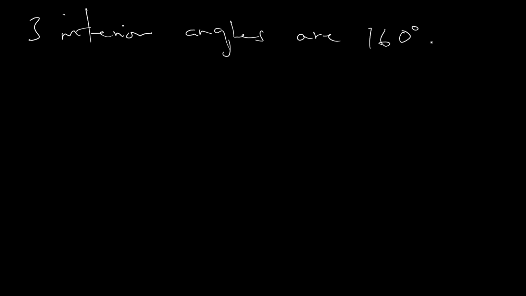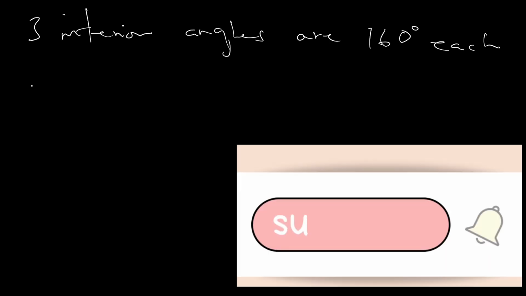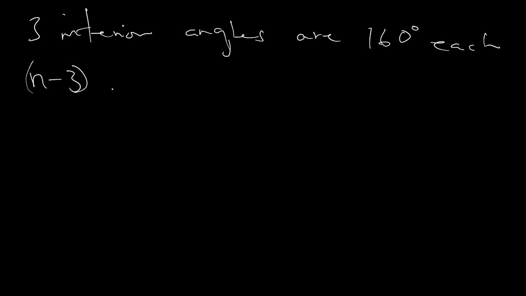So we know that 3 interior angles are 160 degrees each, and the rest of the angles are 120 each. So we can say that n minus 3, which is the rest of the angles, is equal to 120 degrees each.